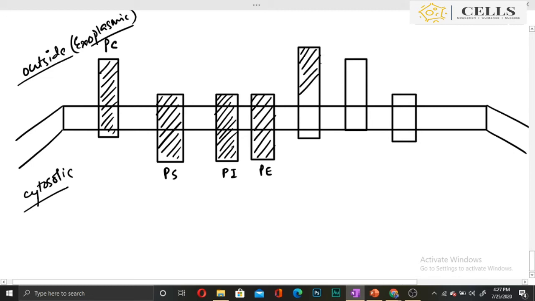Now, another kind of membrane lipid mainly present on the exoplasmic phase is a kind of phospholipid, but a sphingosine based phospholipid. We will come to it in the next portion. This is basically called sphingomyelin.